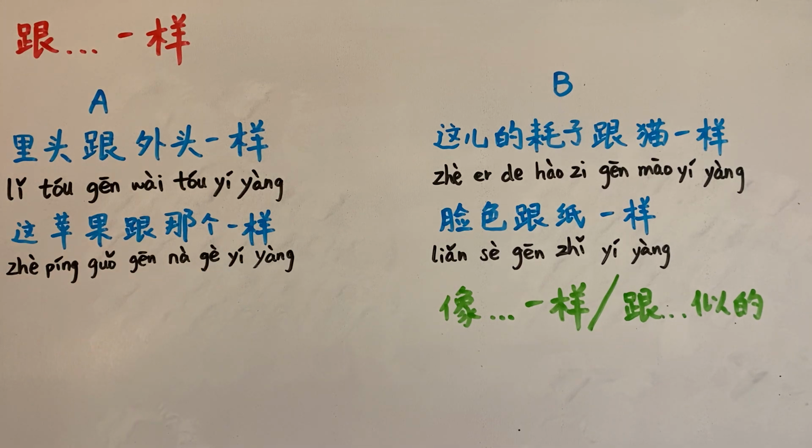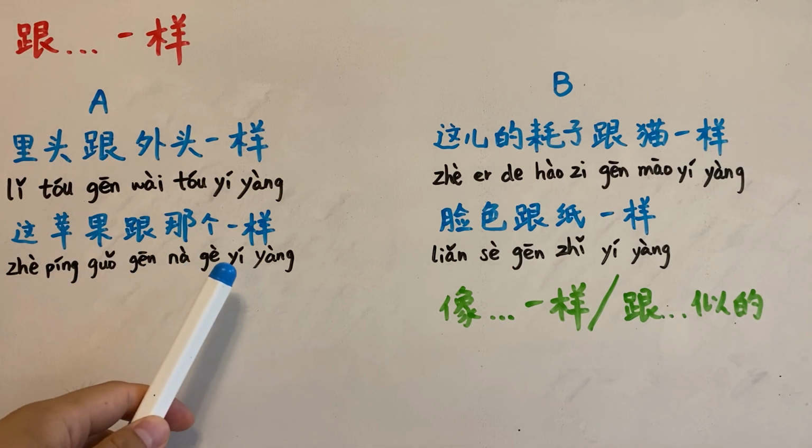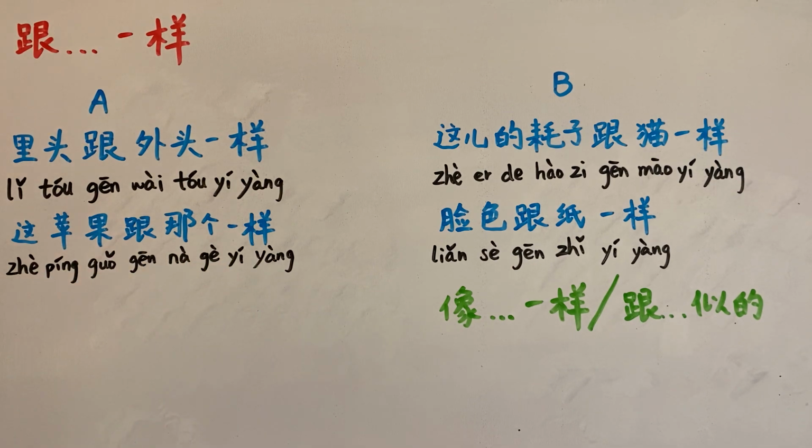So also the stressed syllable is on 一样. It will be read like this. 这苹果跟那个一样. Stressed syllable 一样. So here in this phrase, we're going to make a comparison between this apple and that apple.